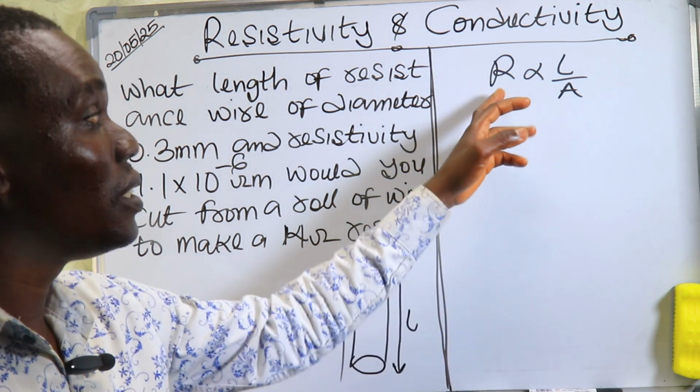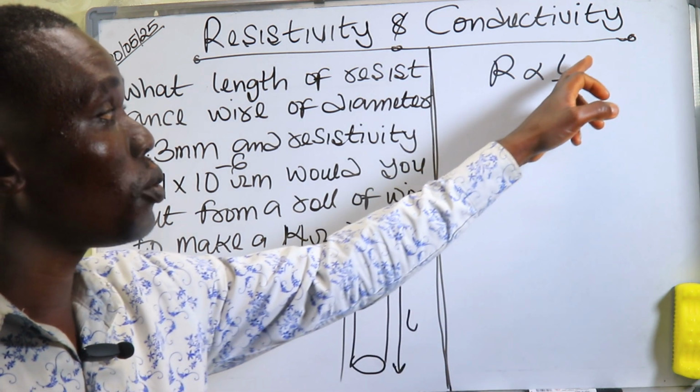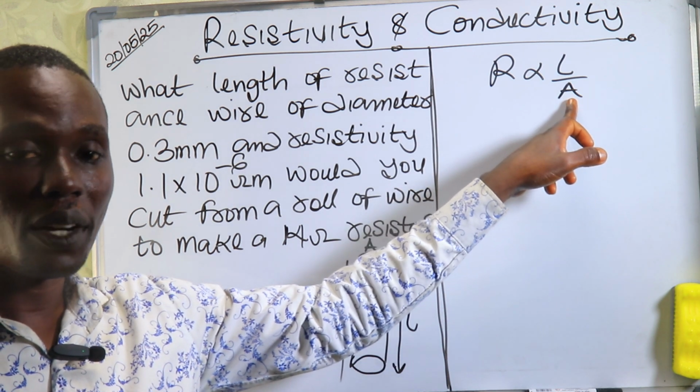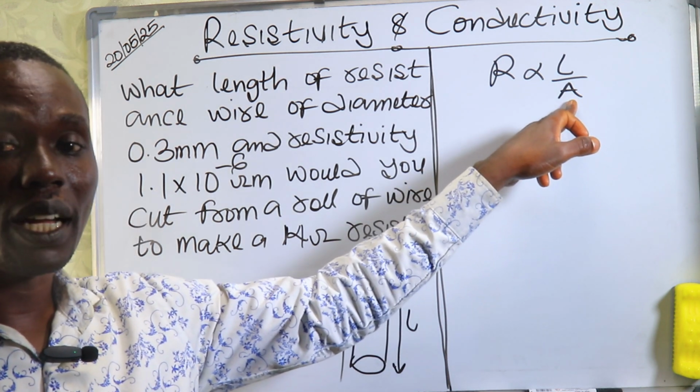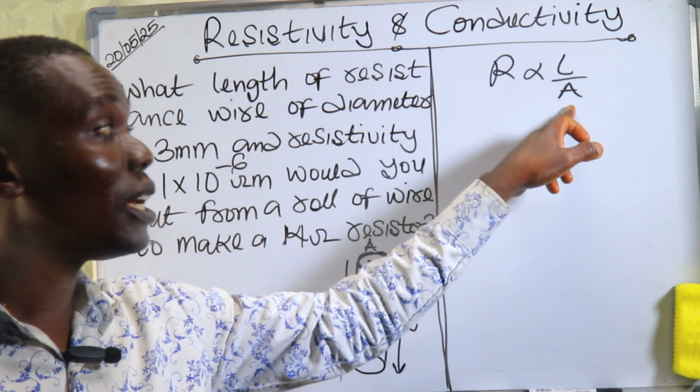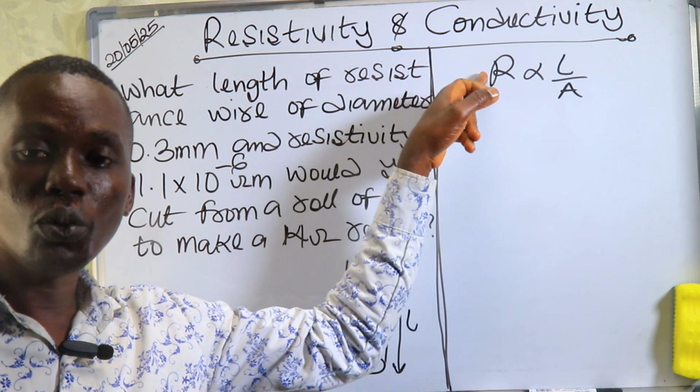So resistance is directly proportional to the length and inversely proportional to the cross-sectional area, because if the cross-sectional area increases, resistance reduces, and if the cross-sectional area reduces, resistance will increase.